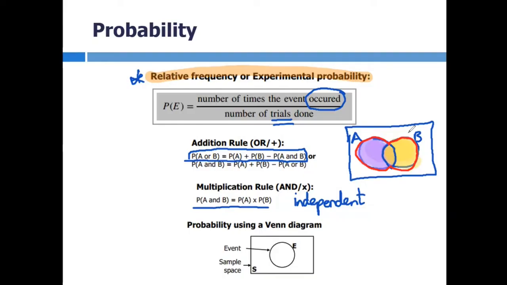So everything in that red shape that I've highlighted there, that represents A or B. So the problem with me just doing what they've said in this formula to begin with, if I were to add A and B, do you see that the little I, I call it that because it looks a bit like a sideways I, has been added twice. So to just get my red part, I am going to have to subtract one of those overlaps because I've added the overlap in twice.